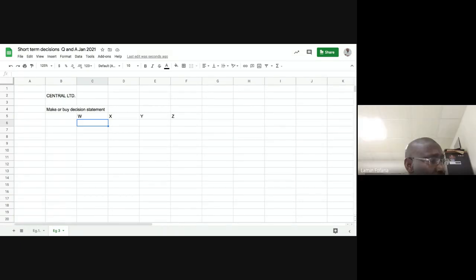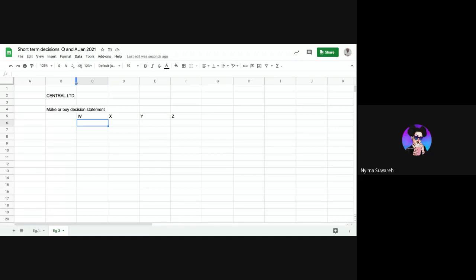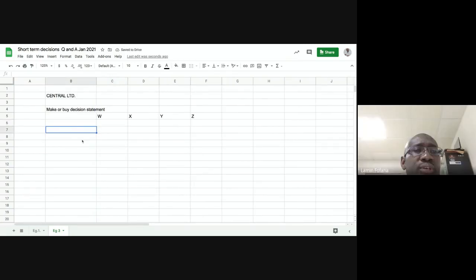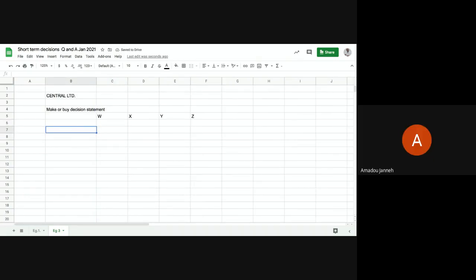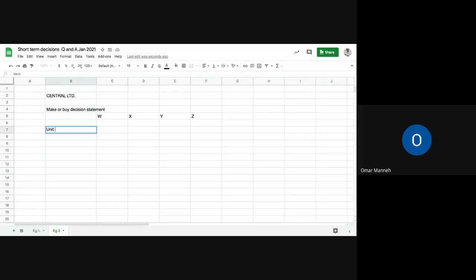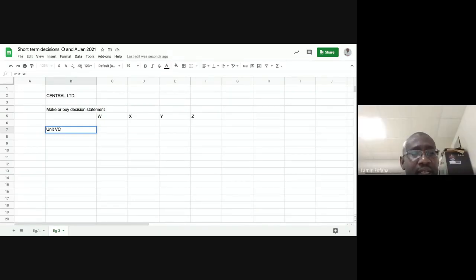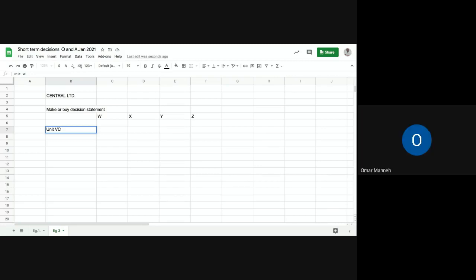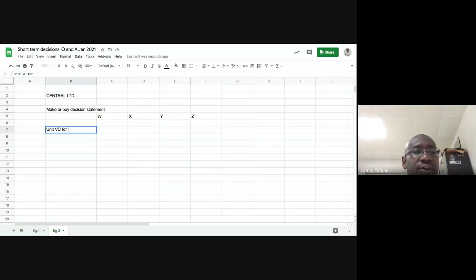Then we're going to see whether there are any other costs. Are we together, class? Yes. So we say unit VC, as in variable cost, unit VC for making.